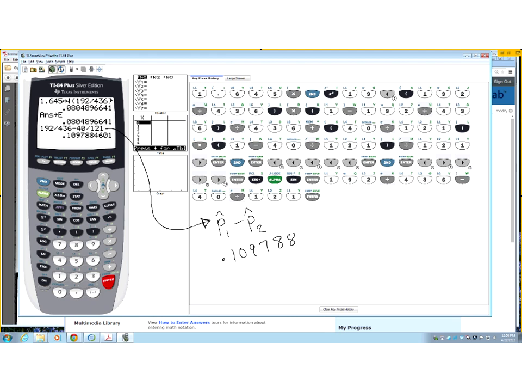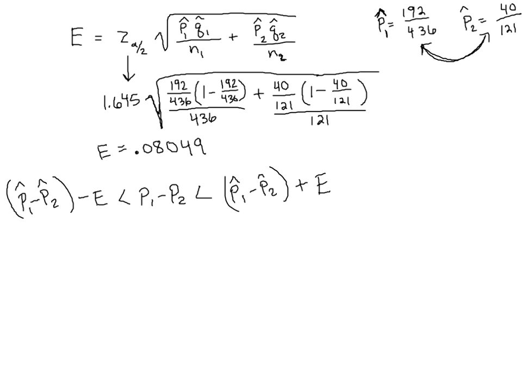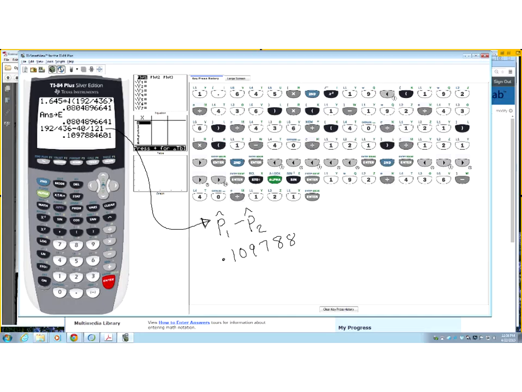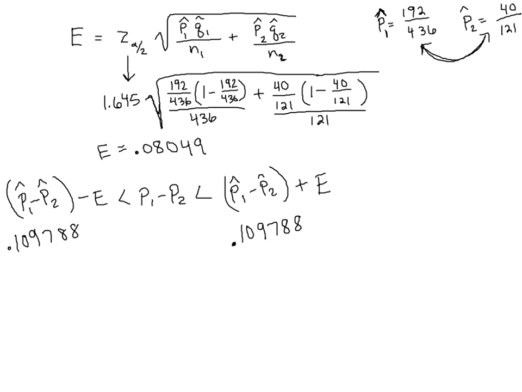All right, so we're going to say, just because it was easy for me to round that way, 0.109788. So just easy for me to remember that. All right, so that's the difference in my sample proportions. Did I remember that correctly? Thought I did.